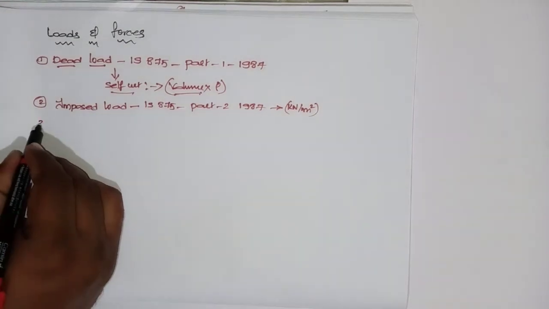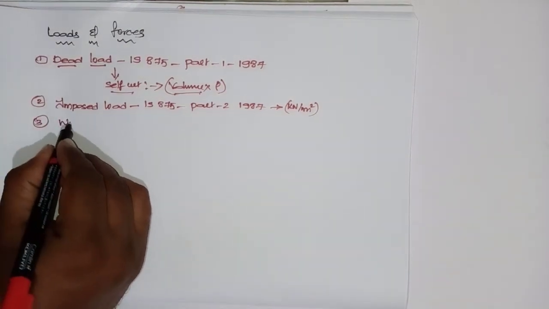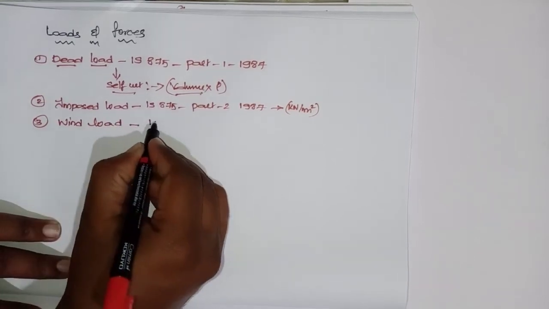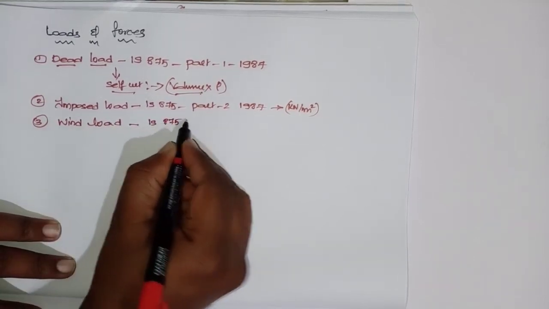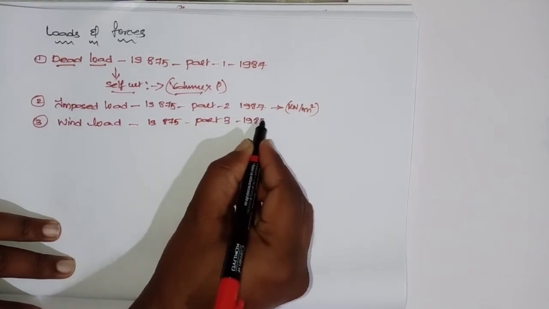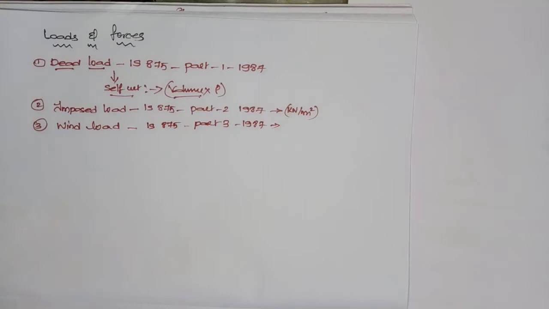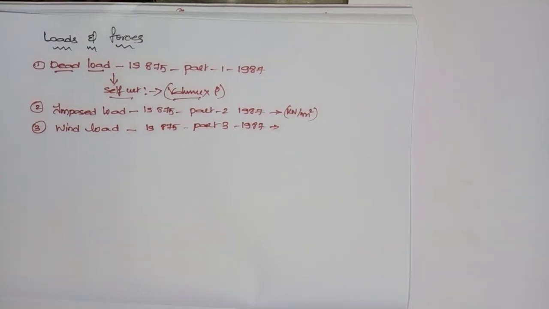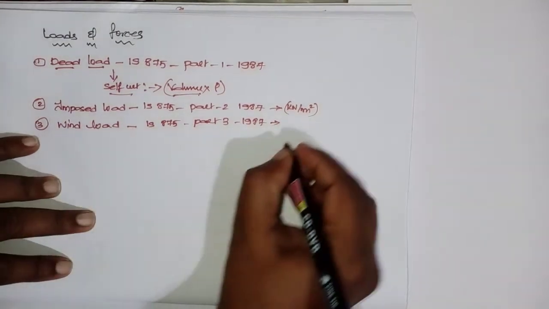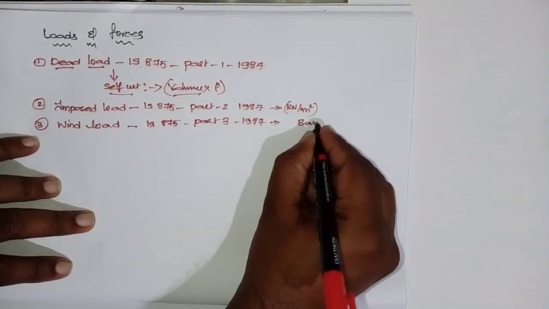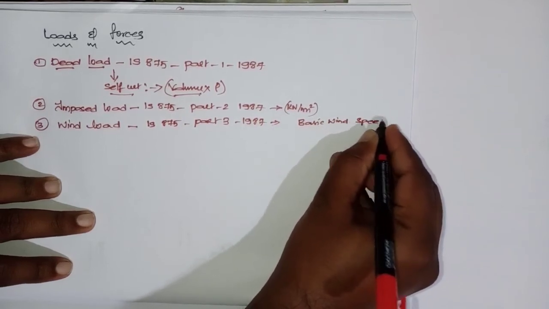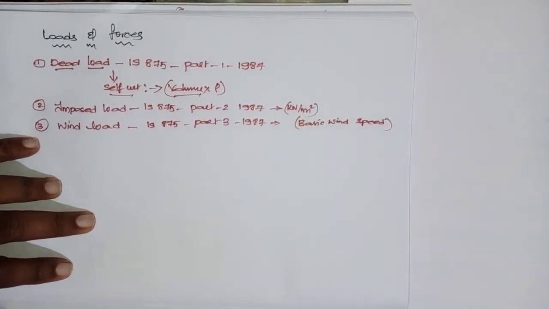Next, coming to the third one, it is wind load. Wind load is also as per IS 875, but it is part 3, 1987. Now, what will you get here? How to calculate the wind load: you will have the basic wind speed of that particular area. Generally they have divided the country into zones.